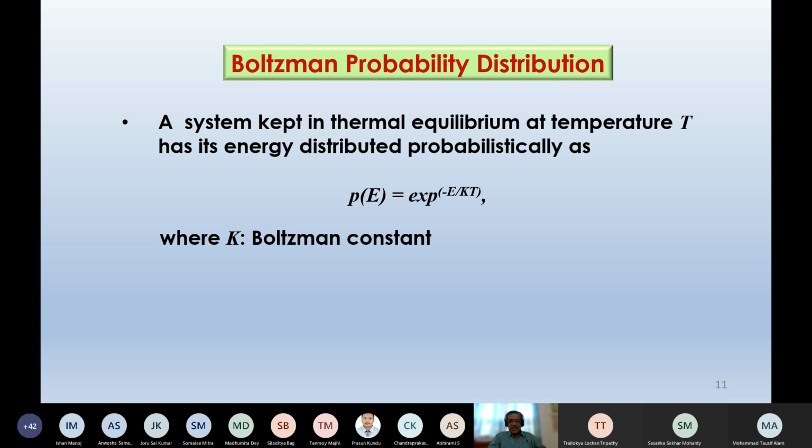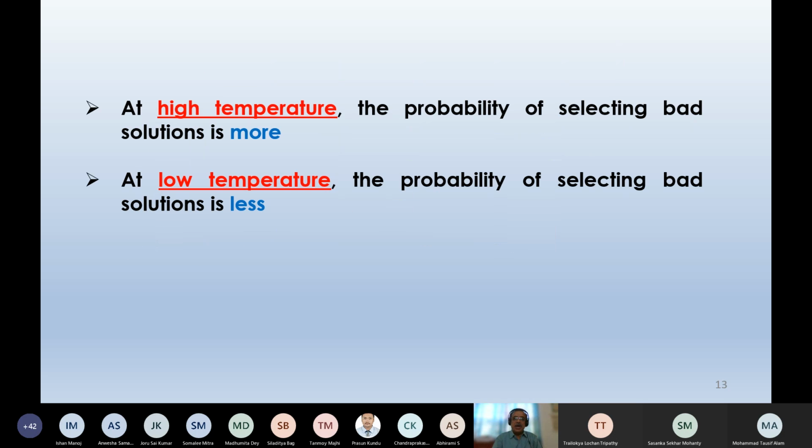And what is this probability? This probability stands for the probability of selecting the bad solution. So initially at high temperature, at early iteration, the probability of selecting a bad solution is more. As temperature decreases, as iteration proceeds, the probability of selecting the bad solution is less.